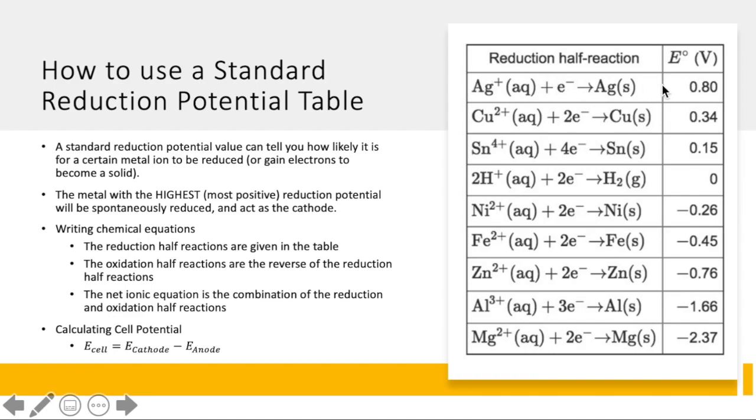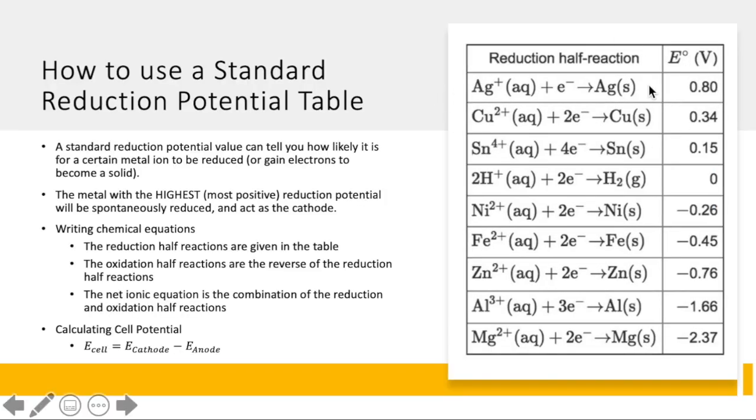These are sorted from most positive E0 values to most negative E0 values. The higher up they are, the more likely they are to proceed spontaneously this way. If our E0 value is positive, or if it's higher than the other one that we're comparing it to, then it will proceed spontaneously this way.